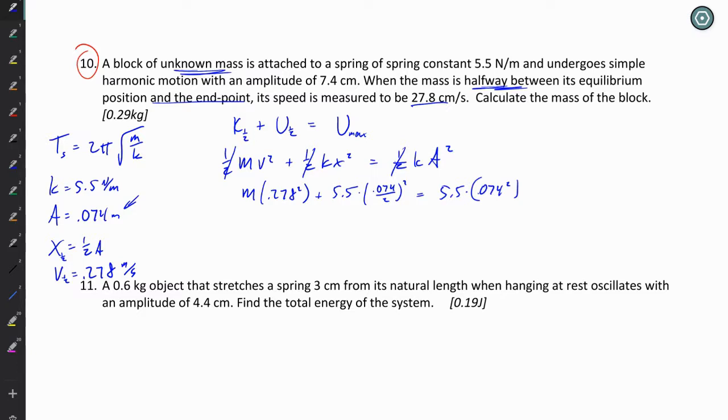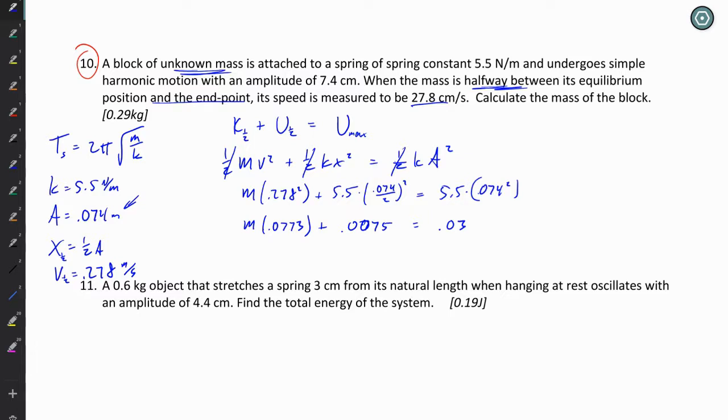All right, so 0.278 squared is, we got mass times 0.0773, I'll just carry a bunch of decimal places, plus 0.074 divided by 2, square that, times 5.5, that's 0.0075, equals 0.074 squared times 5.5 is 0.03018, 0.03.